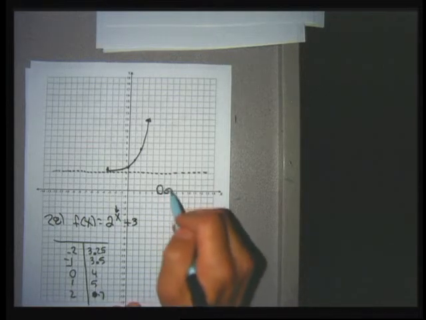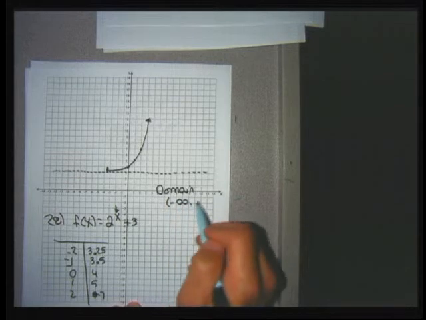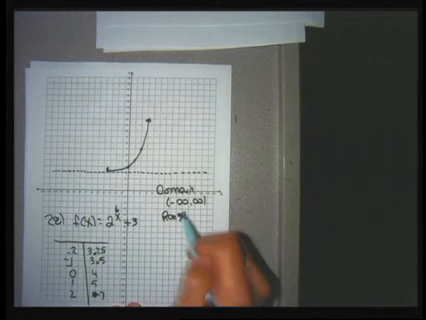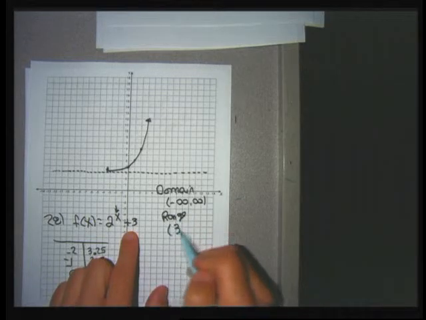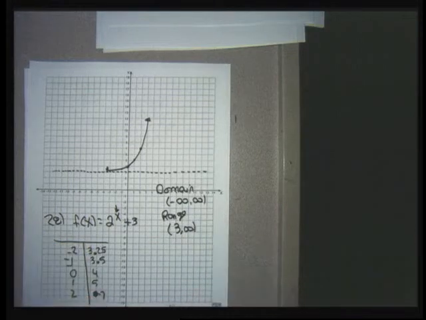The domain for every exponential function that we're going to graph is negative to positive infinity, and the range, because of this plus 3, the graph gets bumped up plus 3, all the y's get 3 added to them, and it changes the 0 to a 3.